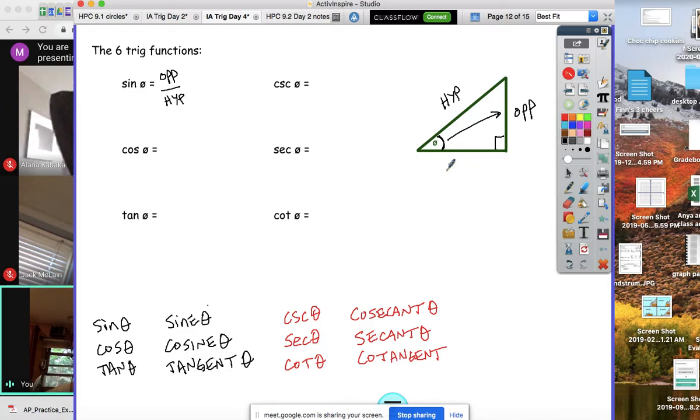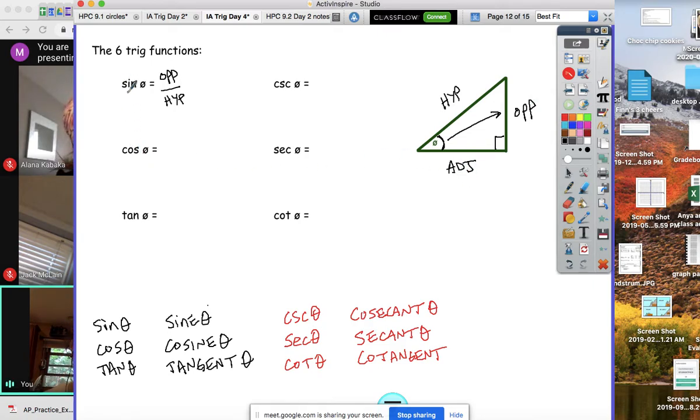So then that means that this side would be the adjacent side. Adjacent means next to, it's next to the angle. Now I know the hypotenuse is also next to that angle, but the hypotenuse is designated as specifically across from the right angle. So that has to be the hypotenuse. And this is opposite the angle, so that means this one's the adjacent one.